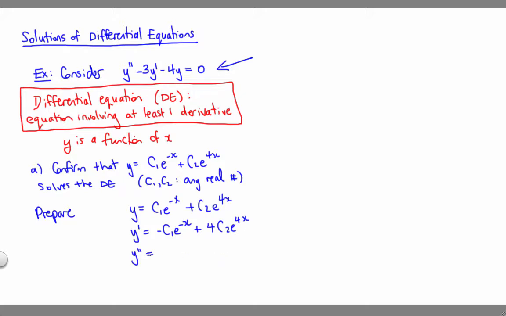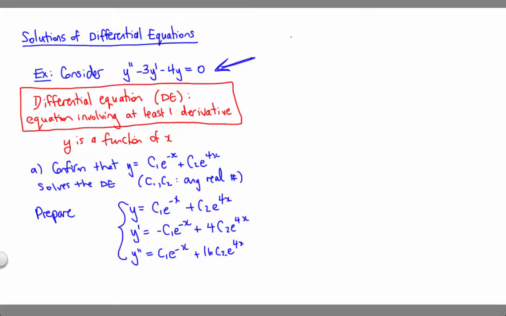Okay, if we try the second derivative, our coefficient is now back to +1, so it's going to be 1 times our original coefficient, C1, times e to the minus x, plus 16 C2 e to the 4x.